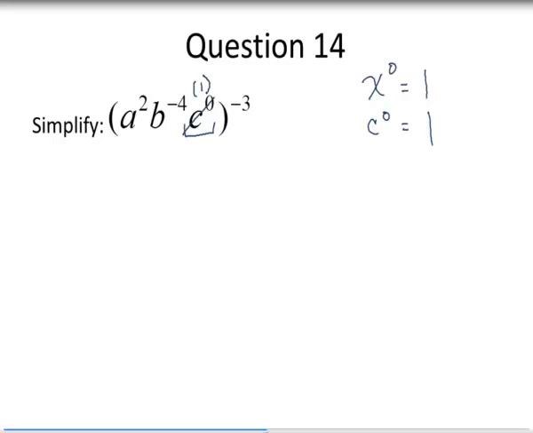Well, when you replace multiplication with 1, since this is all multiply, does it make any difference that you have the 1 there? A squared b to the negative 4 times 1 is still just a squared b to the negative 4. Now let me caution you. If in the odd instance you have a variable to the 0 power being added to another variable to the 0 power, you can't just x them out. Okay?